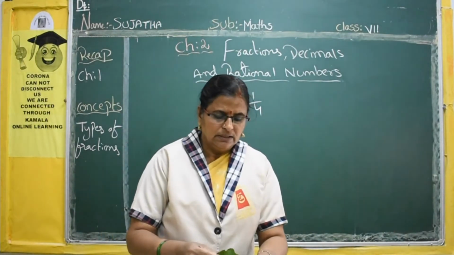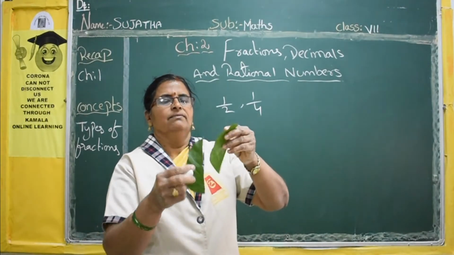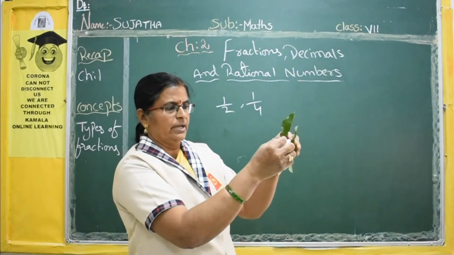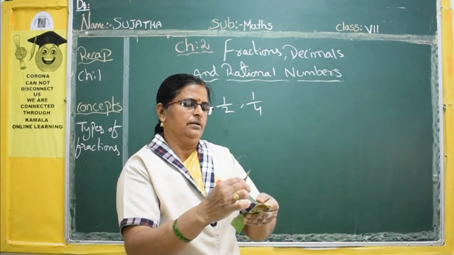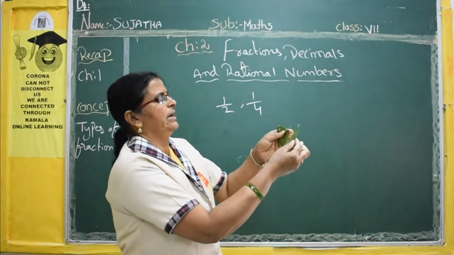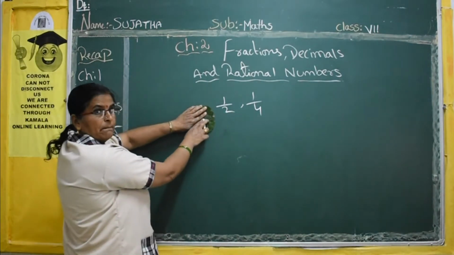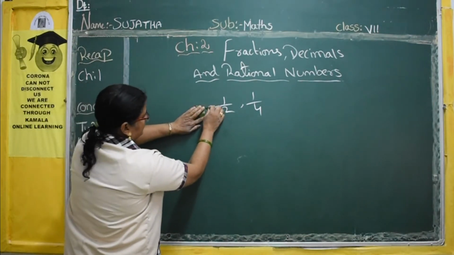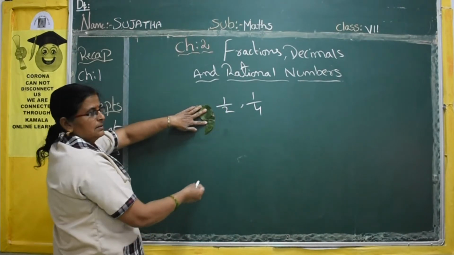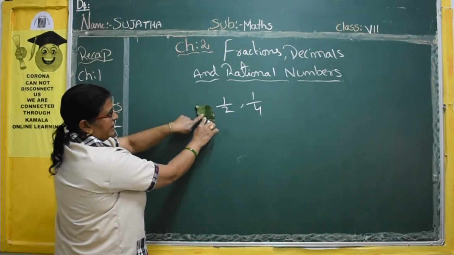Suppose you want 3 by 4. This is the 1 by 2 part, the half. Again, if you take one more half, see, now this is the 3rd part: this is 1, this is 2, and here 1, 2, 3.